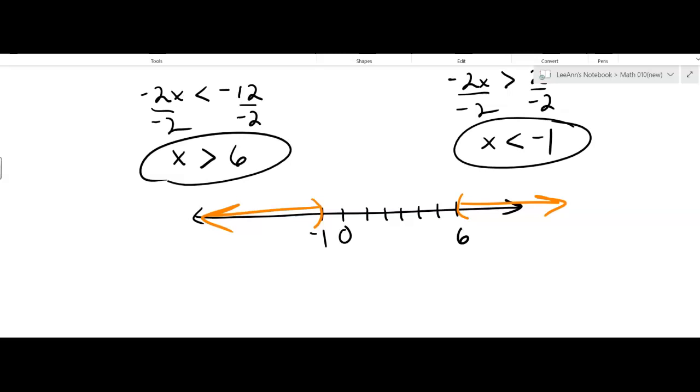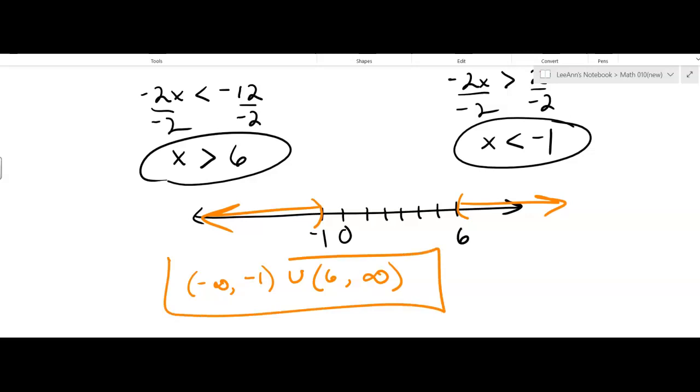Because we divided both of them by a negative number, they kind of switched places. But that's how it all works out. Interval notation is going to look like this: negative infinity to negative 1, union 6 to infinity. All right.